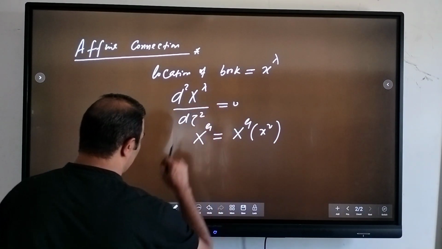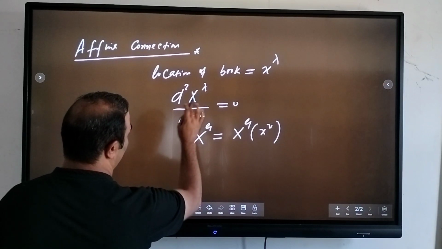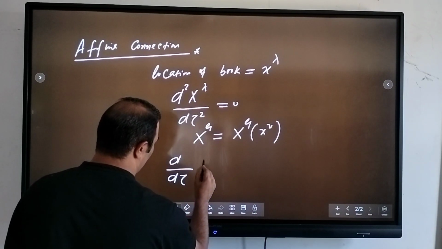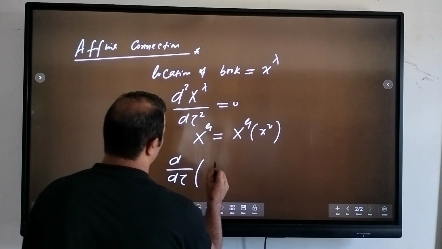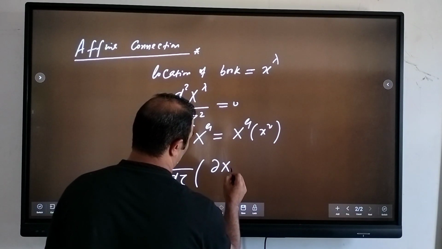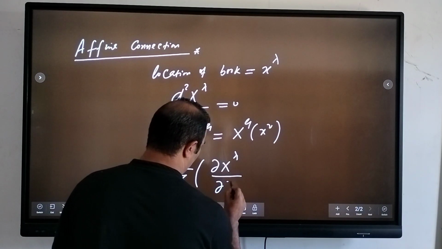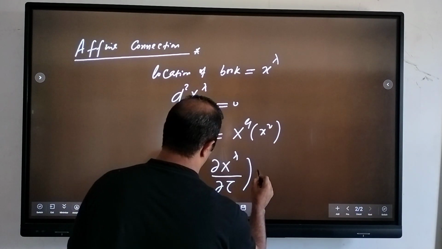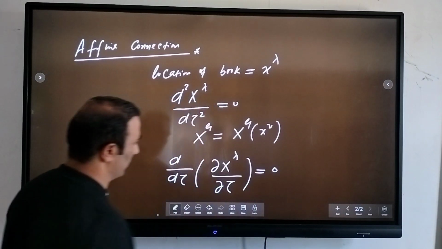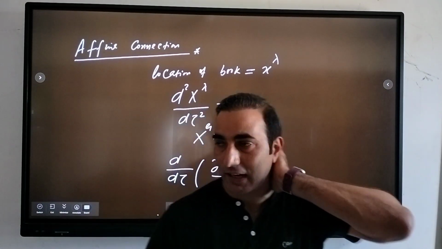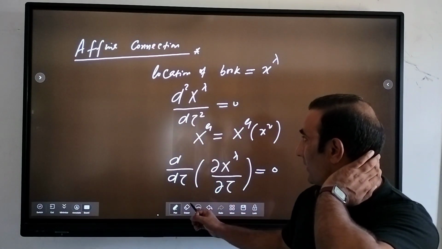Or you can rewrite this term as d by d tau. Right? So this is very clear. What I did here is simply take that instead of d2, I can write it this way, right?